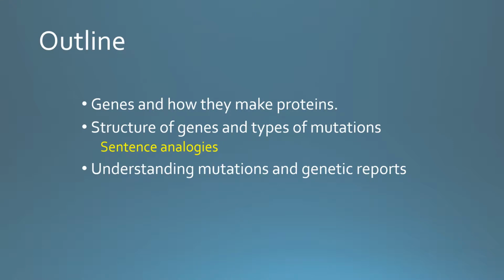The outline of this presentation is going to be explaining what genes are and how they make proteins, going into the structure of genes and the types of mutations that can occur in genes, using analogies with sentences, which are a little easier to understand, and then understanding the different types of mutations and how they're specified in a report of a genetic test.